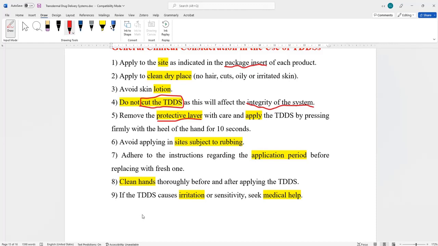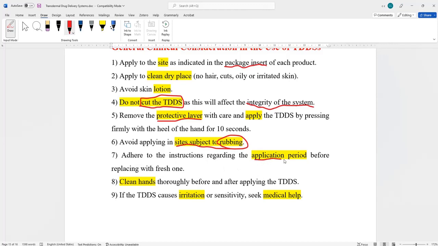Remember, I already explained that the polybutyl acrylate is pressure sensitive. So you need to press on it for it to work. Also, avoid putting the patch in sites where you expect rubbing to happen a lot, for example, near the waist.